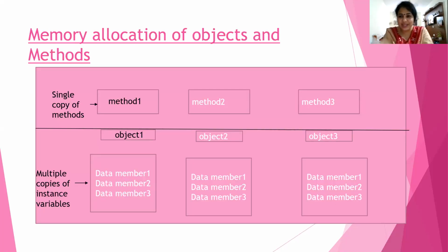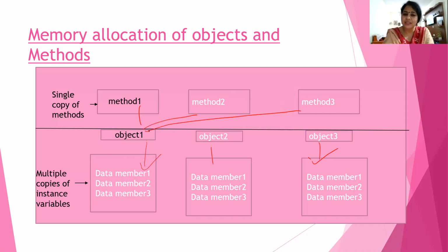Now look at this diagram, which shows the memory allocation of the object and the method. Suppose there is a class with more than one method: method 1, method 2, method 3, and the program has more than one object: object 1, object 2, object 3. Each object has three data members, so multiple copies are present inside the memory. Each object has different copies of the data members, but they share the common methods.